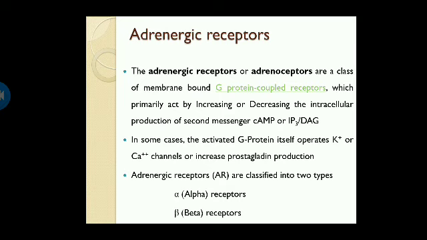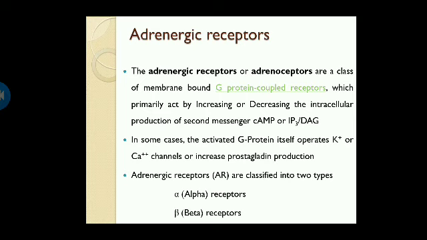Their main action is increasing or decreasing the intracellular production of second messengers, that means cyclic adenosine monophosphate (cAMP), IP3 (inositol triphosphate), or DAG (diacylglycerol).